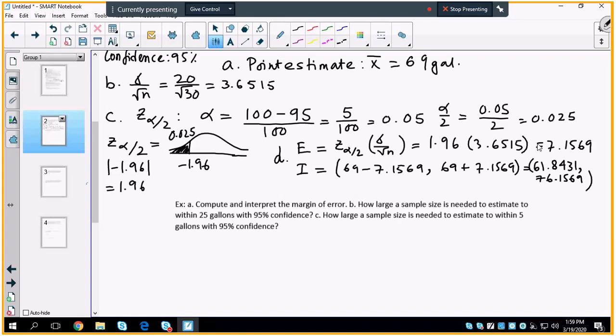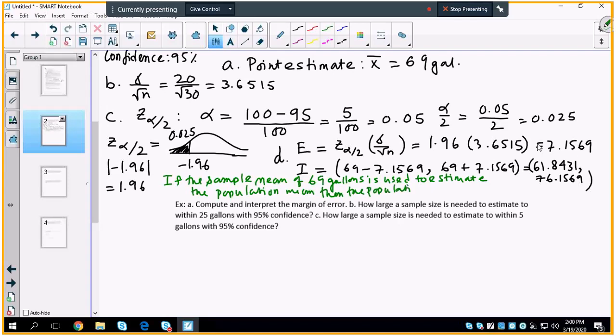And how do I interpret that? What does it mean? It means, remember your entire process of point estimation, if the sample mean of 69 gallons is used to estimate the population mean, then the population mean mu will be in the interval of confidence.